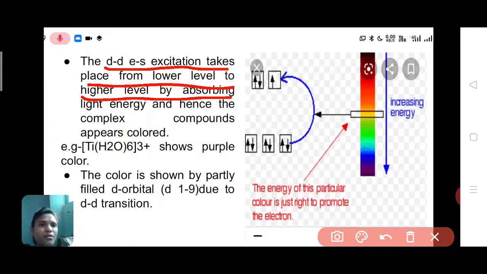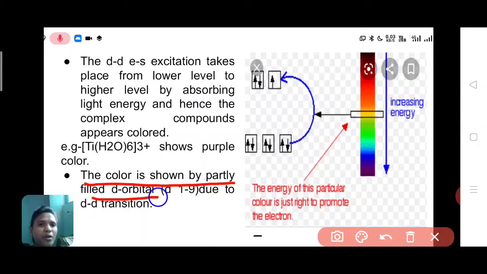Okay, so see here what the next statement is. The color is shown by partly filled d orbital due to dd transition. See, the particular complex compound shows color due to partly filled d orbital.